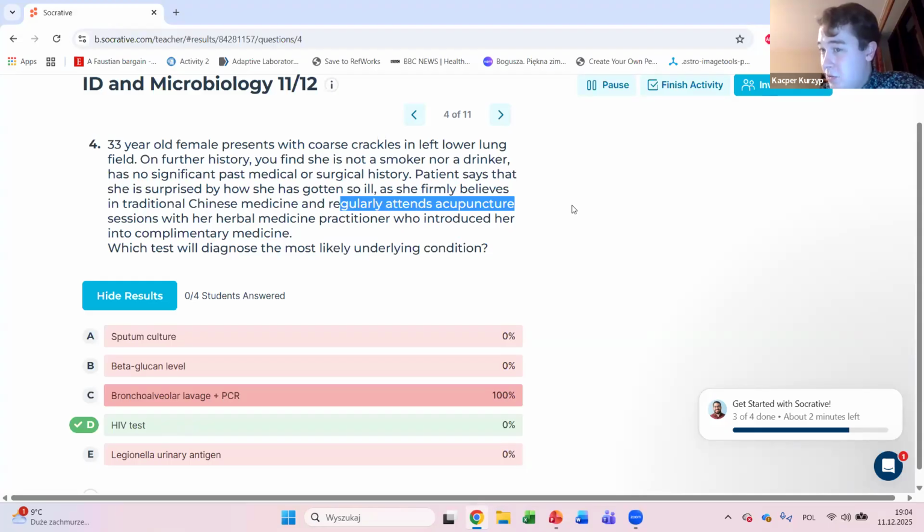If any of you are acupuncture fans, it actually bans you from donating blood for 4 months so that they can test you for HIV before you donate. So there you go. Always consider HIV, especially if you have a patient where it's like, why the hell have they developed this infection?